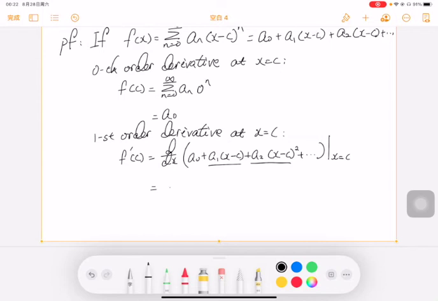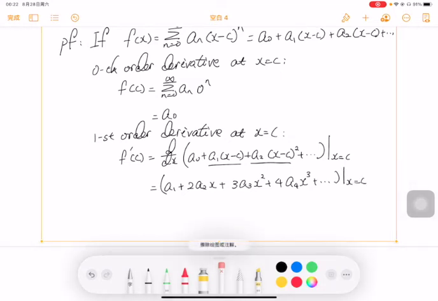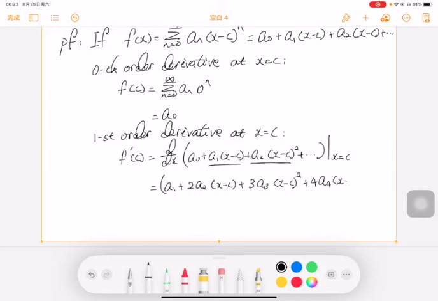So you get a1 plus 2 times a2 times (x minus c) plus 3 times a3 times (x minus c) squared plus 4 times a4 times (x minus c) cubed, so on and so forth, all of this evaluated at x equals c.